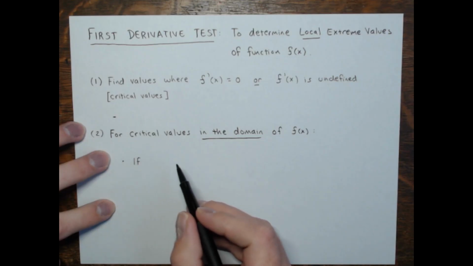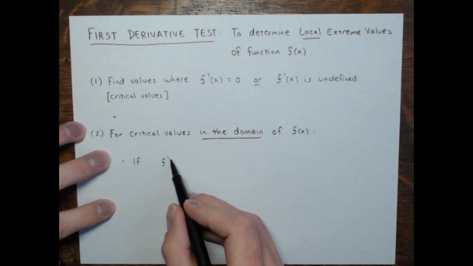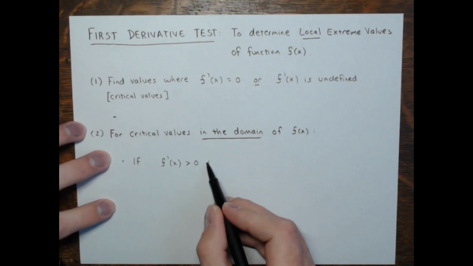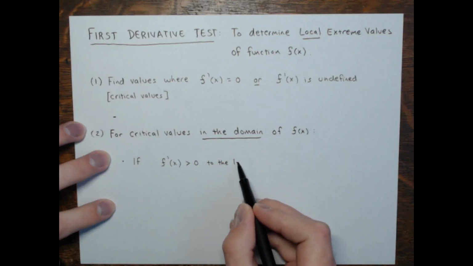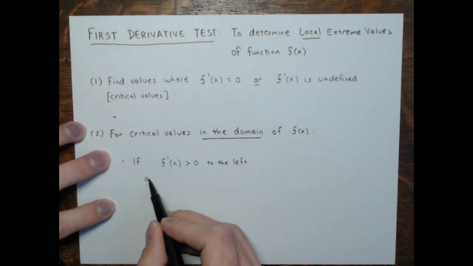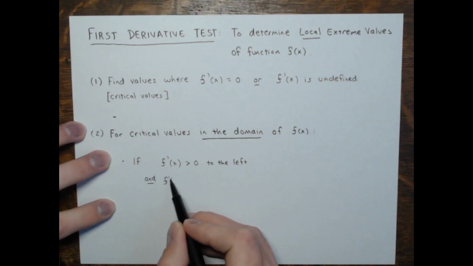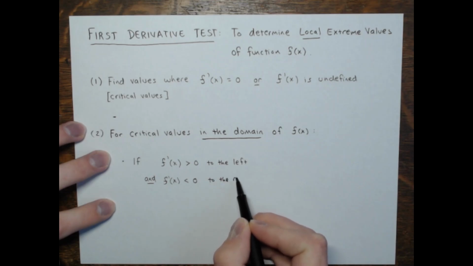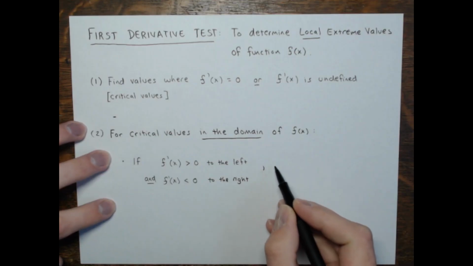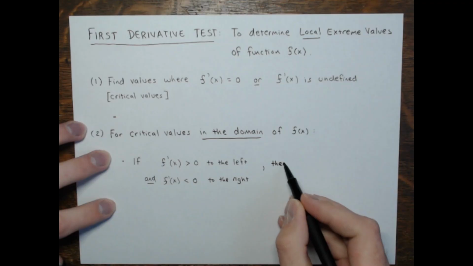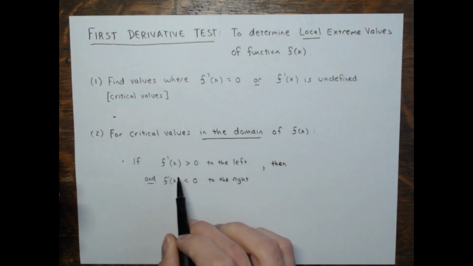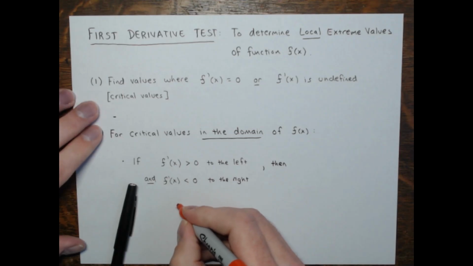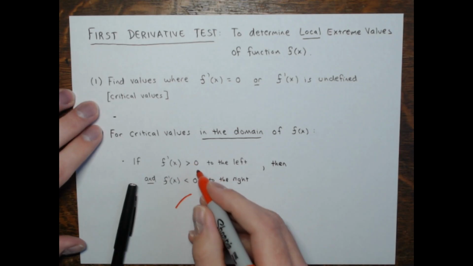So if f prime is positive to the left and f prime is negative to the right of the critical value, then the function will have, if it's positive to the left, that means the graph is increasing, or positive first derivative and increasing.